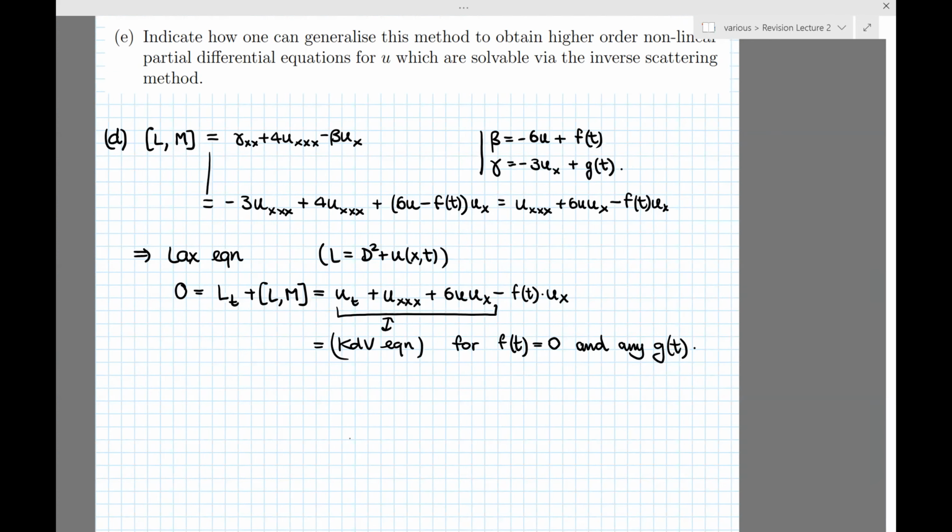So to answer part E, I would write, we can try higher order differential operators, Mn. Actually, they can be taken without loss of generality to be anti-Hermitian.